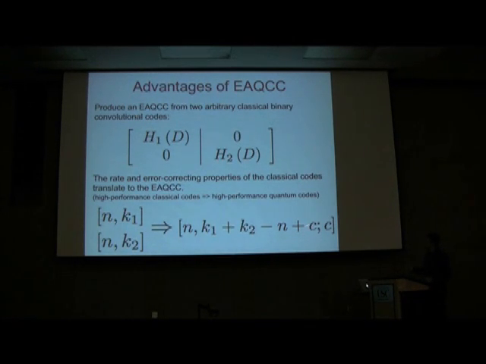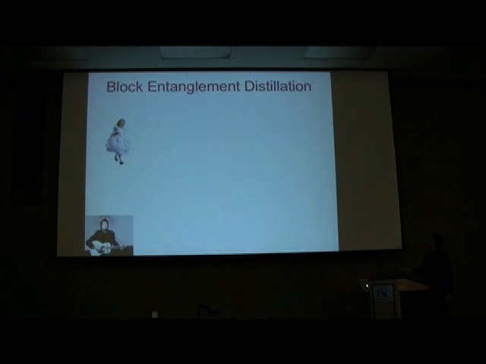And this parameter C is the number of E bits that the code requires per frame. And there's a specific formula we give that depends on H1 and H2 in the paper. It has to do with the rank of H1 times H2. It's a little more complicated than that.